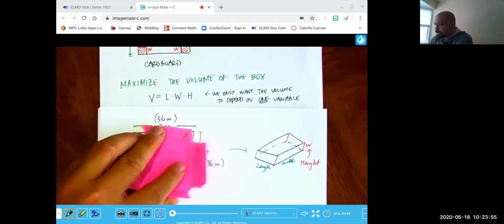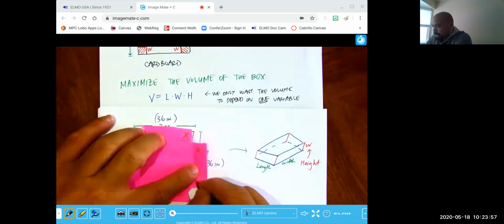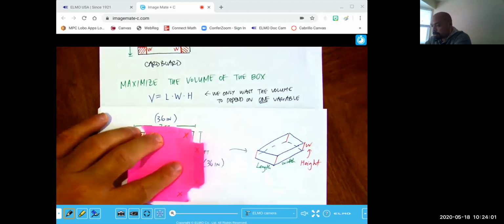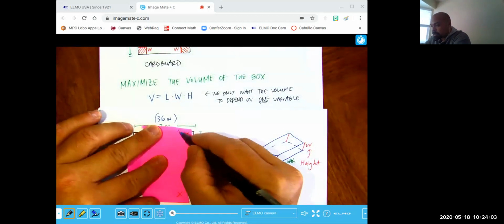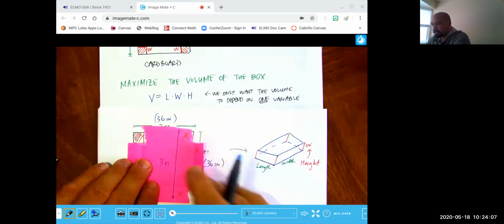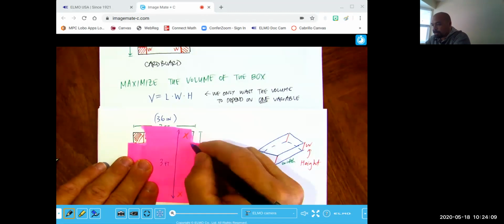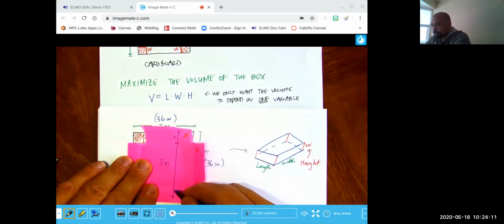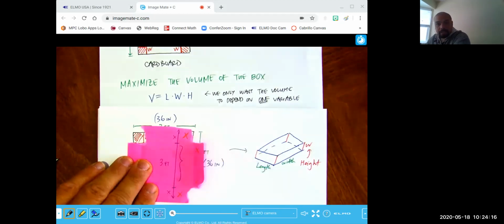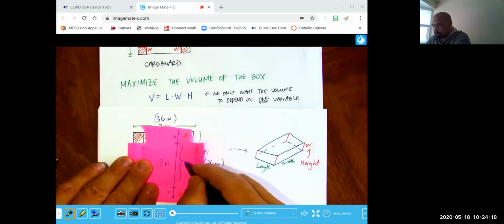There's X and X, X and X. So we're going to cut out those sides. And so what's left over, this full space was that 3 feet or 36 inches. But now we're chopping off the X up top, X down below. So then this space in between is 3 feet minus the 2X.